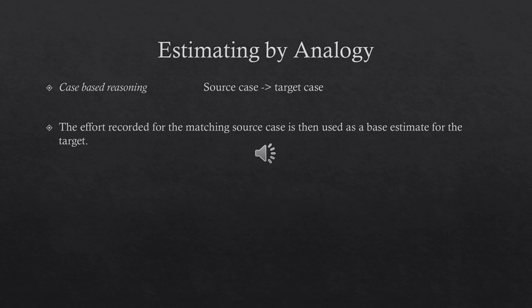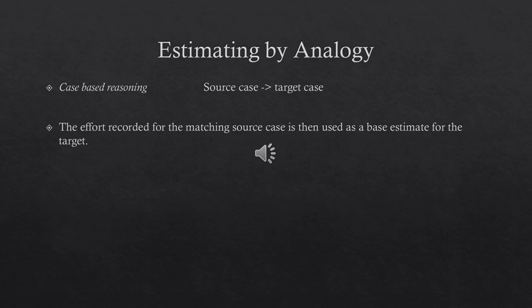Here the estimator identifies the completed projects, or the source cases, with similar characteristics to the new project, that is the target case. The effort recorded for the matching source case is then used as a base estimate for the target case.